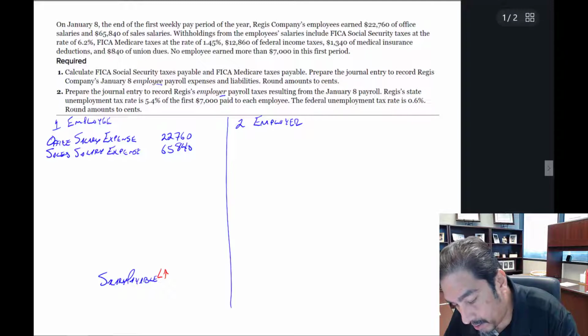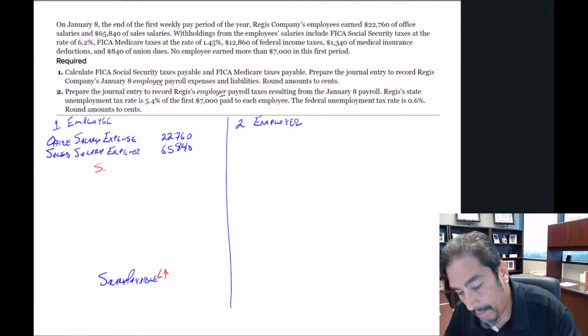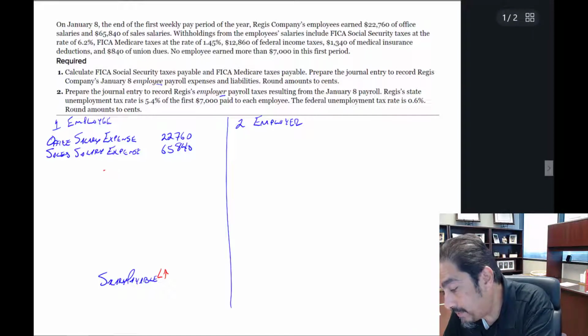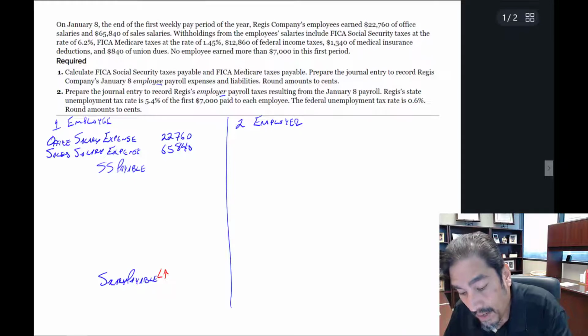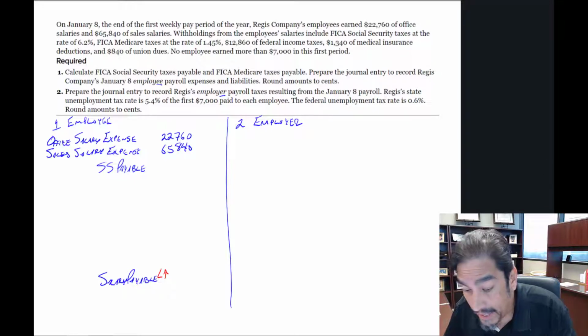So I'm going to abbreviate a little bit. This is going to be a credit. I'm going to call this Social Security payable, and we need to calculate it.